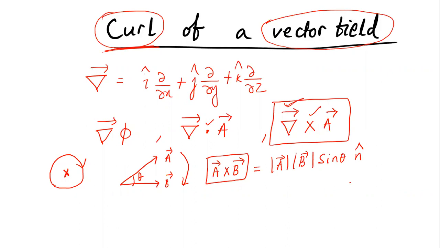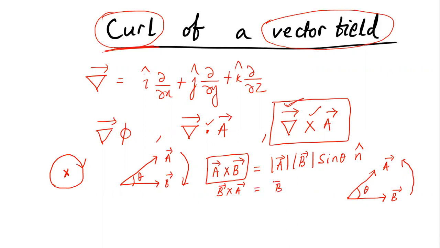Now if I do the same thing for B cross A, suppose here I take the same pair of vectors, vector B and vector A. The angle is the same theta here, and now you're finding B cross A, right? If I take B cross A, then the magnitude will remain the same.